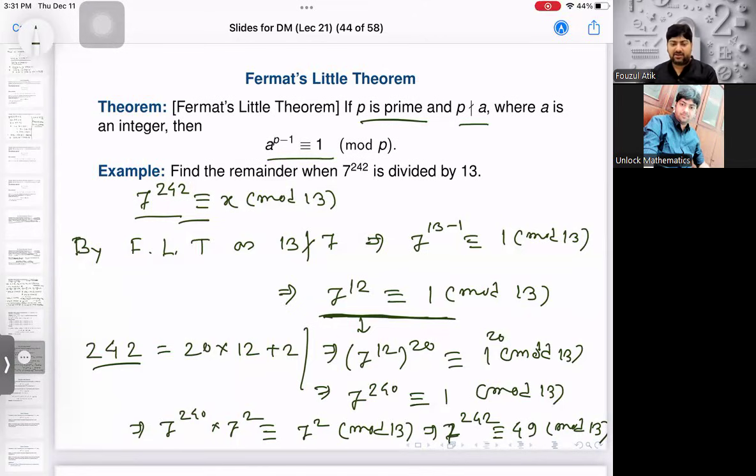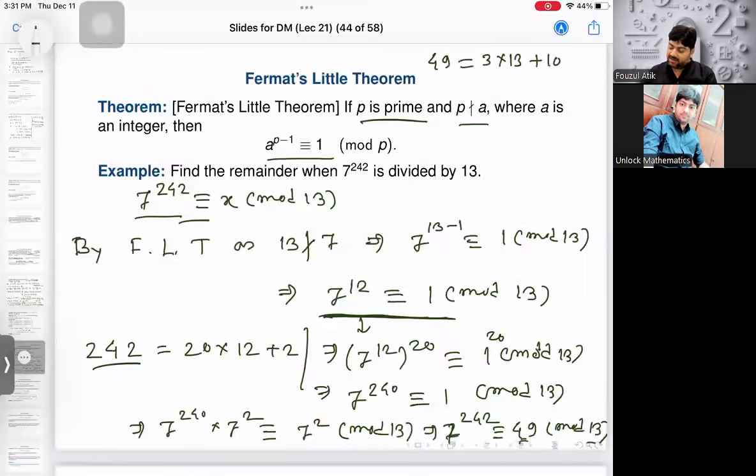But this is again a big number, so I can still reduce it modulo 13. That means, what is the remainder if you divide this by 13? So we can always reduce it. How to do it? 49 is equal to 3 times 13 plus 10.